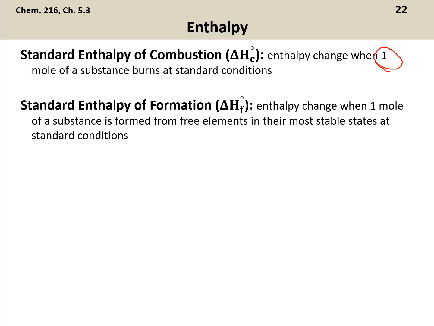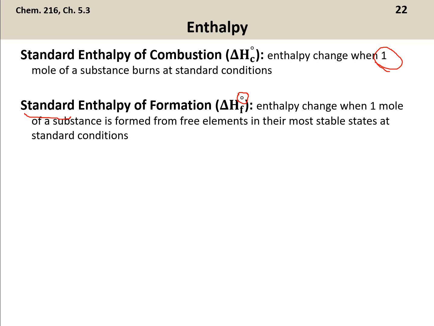All right, the last topic we're going to talk about is standard enthalpy of formation, or delta HF. And remember, it's standard, so that just means under standard conditions, one atmosphere pressure, 298 K. So we have a delta here, or a knot here.